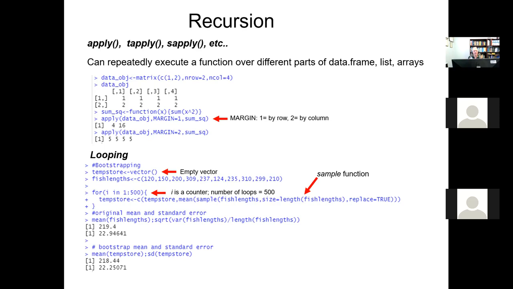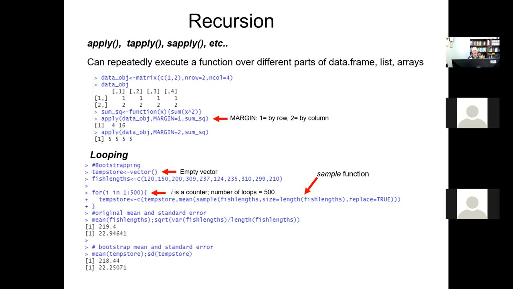In this example, I'm using a function called apply. We have a 2 by 4 matrix with values 1 and 2 in it. I created a function where I'm just squaring the values and then summing them. You can create a function or use any function like mean or sum, and use it within apply. The first argument is the object you want to manipulate.